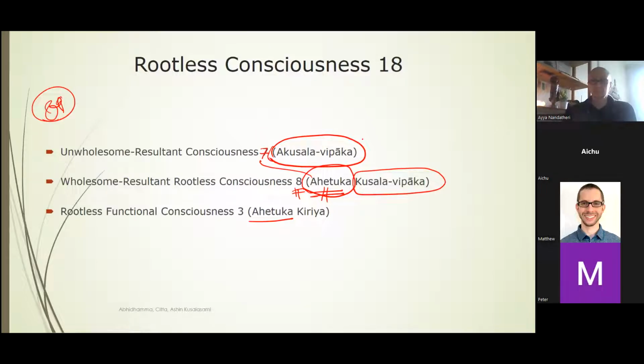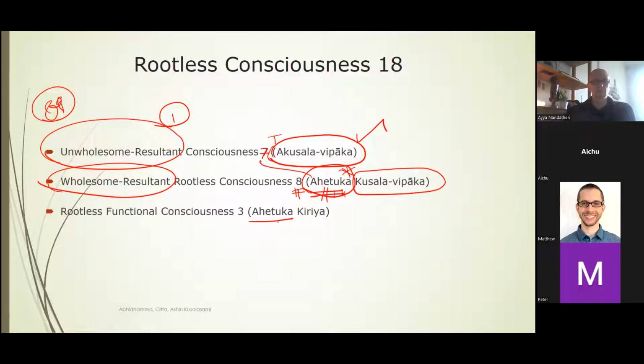So here, in these 89 consciousness, akusala, unwholesome resultant, is only 1. That's why we don't need to put ahetuka here. And wholesome resultant is not only 1. In the next group, sense sphere beautiful consciousness, there are 4 kinds of wholesome resultants. So that's why ahetuka is put there, but here the word ahetuka is not needed.